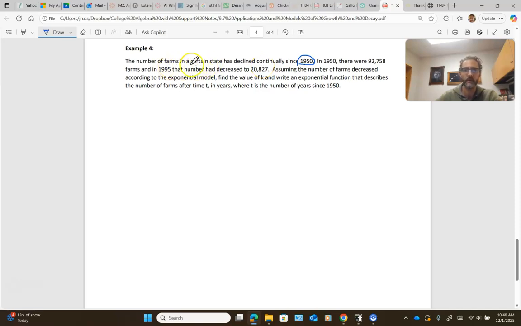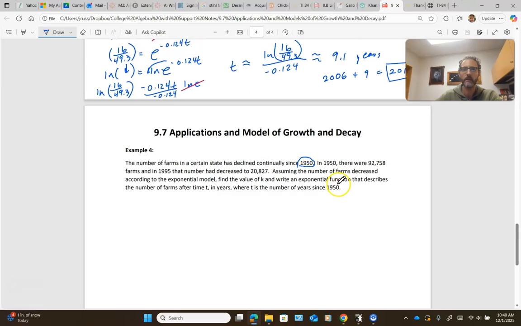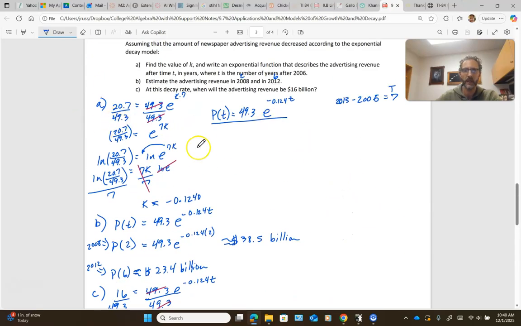So over this 45-year period, assuming the number of farms decreased according to that exponential model that we've been using, find the value of k and write an exponential function that describes the number of farms after time t in years, where t is the number of years since 1950. So this is the same part A done over again, okay?